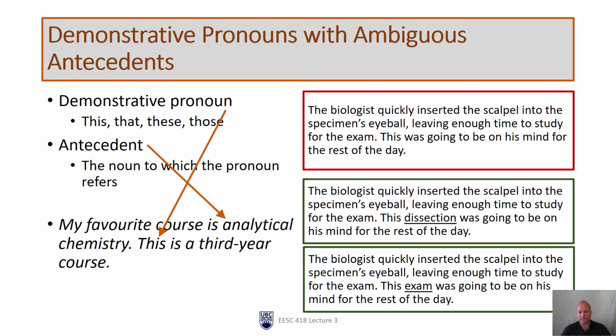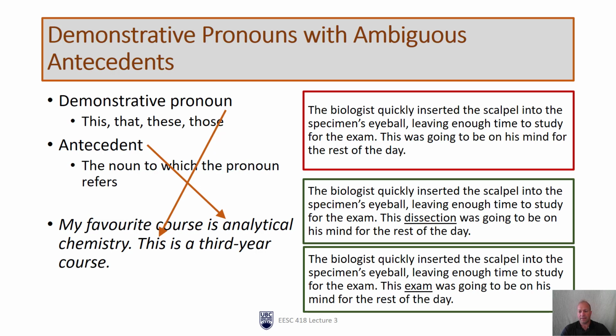So it's easily fixed. All we need to do is add 1 word. And I've shown 2 different examples of how we can fix it. The first example refers to the overall concept of what this refers to. And the second is an explicit restatement of the noun. In other words, in the first corrected sentence, I've added this dissection.